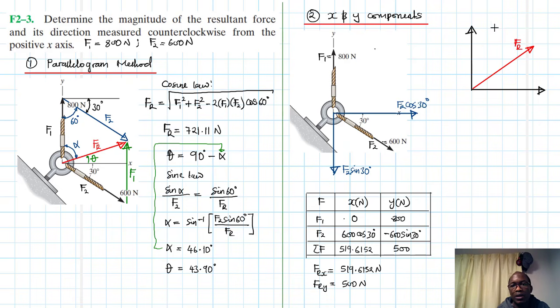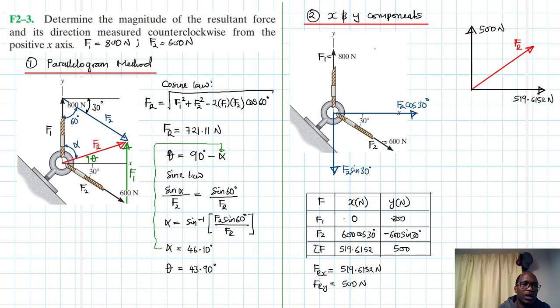This value on the y-axis is 500, and the x-axis is 519.6152 newtons.